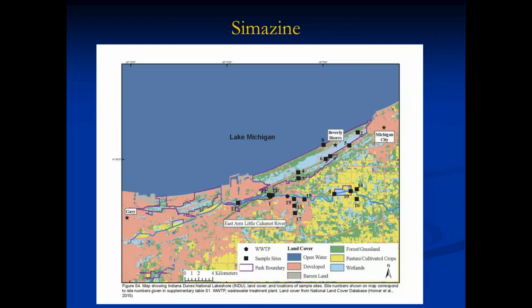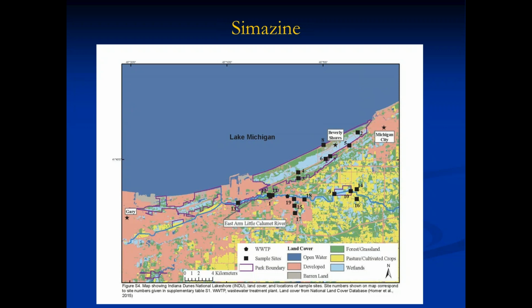One particular herbicide that caught my attention at Indiana Dunes was this herbicide called simazine. It's like a white granular product that's put on fields, and it's long acting. It's active for 2 to 7 months, and it basically suppresses weeds. It's some sort of a granular product that's not supposed to be very soluble in water.